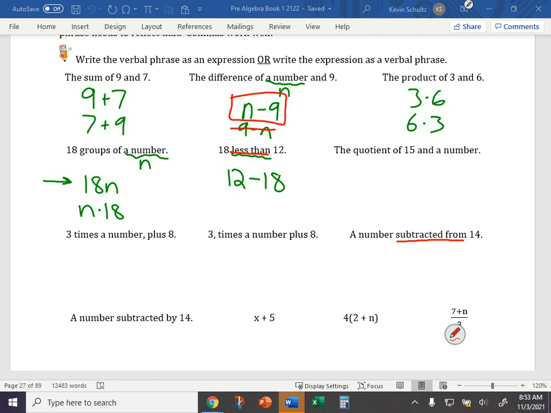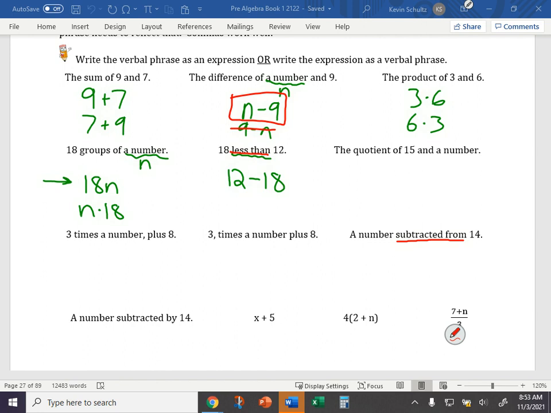So, some of these are going to be a little bit more multi-step. 3 times a number plus 8. How is that different from the next one? You've got 3 times a number plus 8, and then 3 times a number plus 8. The only difference is where the comma is. But how does that change things, do you think? Because you would do 3 times a number, and then the answer to that plus 8, in the first one.